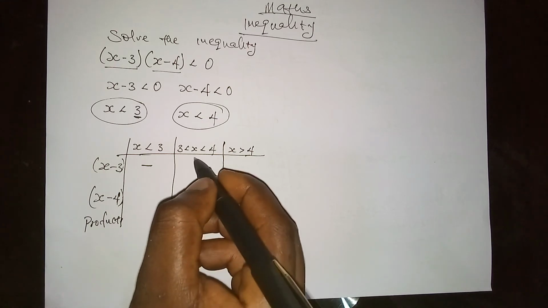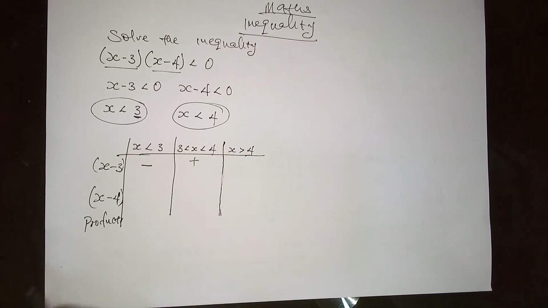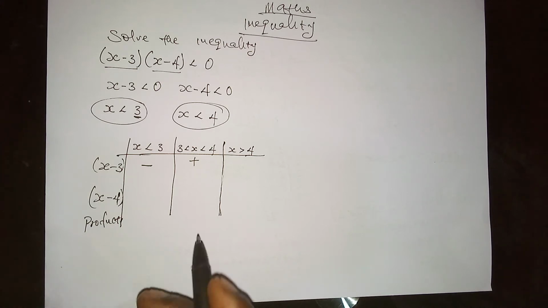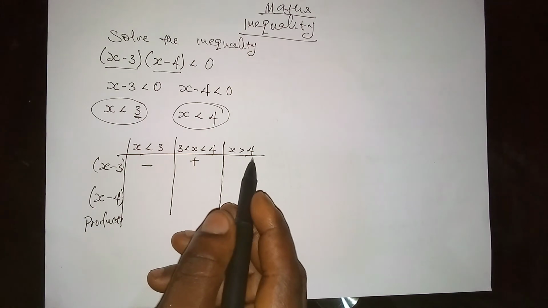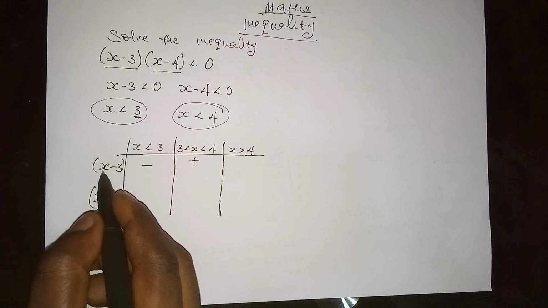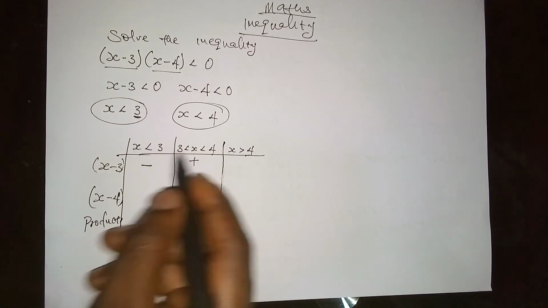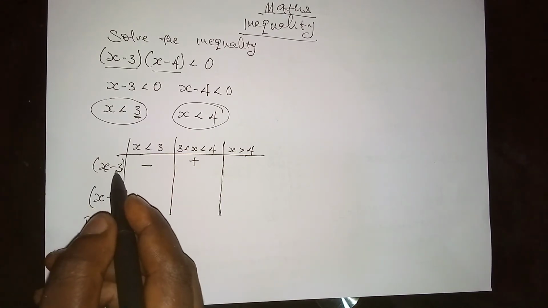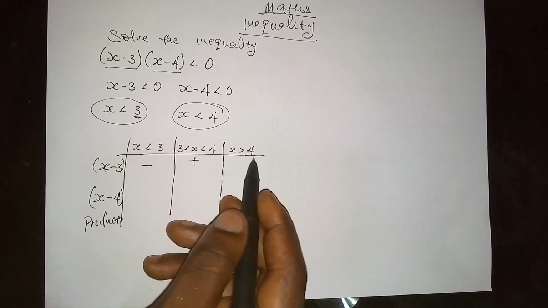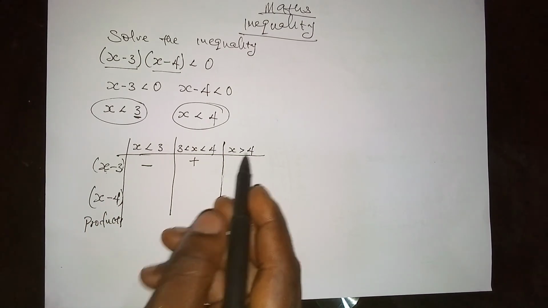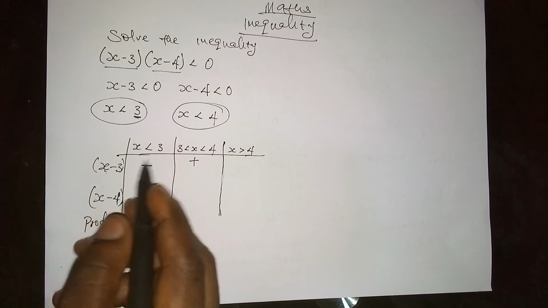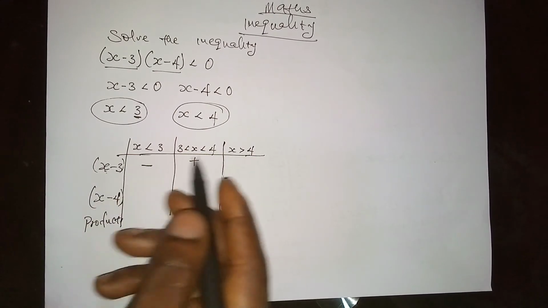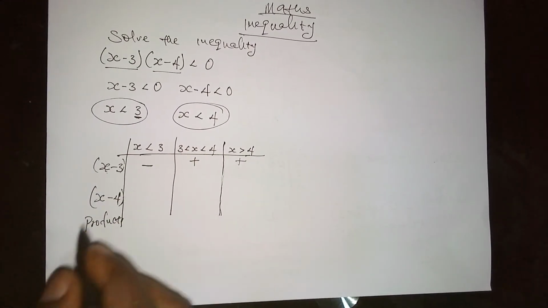So we'll have a positive value. And when x is greater than 4, any number like 5, 6, 7, 8 minus 3 gives a positive value.